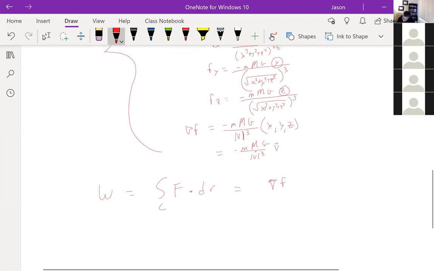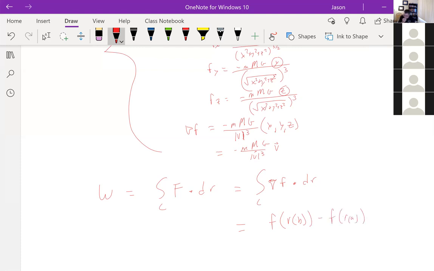And if this is conservative, then this gradient function exists, so what do we know? Then we know that we can just go from f of r of b, minus f of r of a.